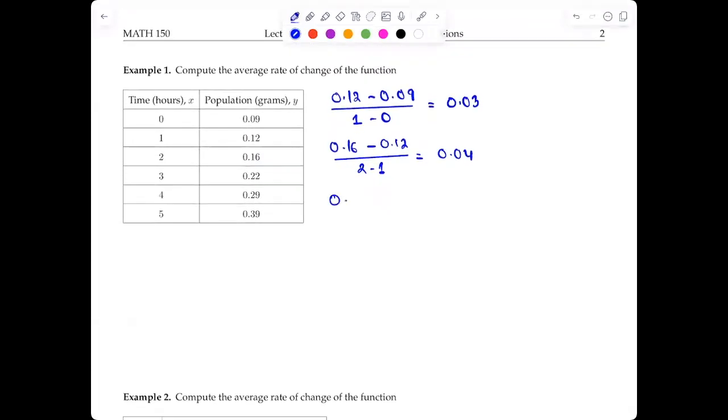All right, so 0.22 minus 0.16 over 3 minus 2, this gives you 0.06. And then that's it, right?